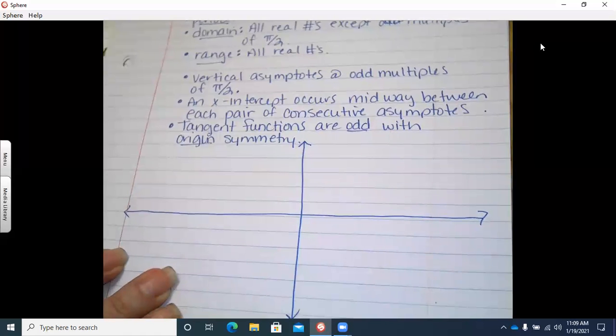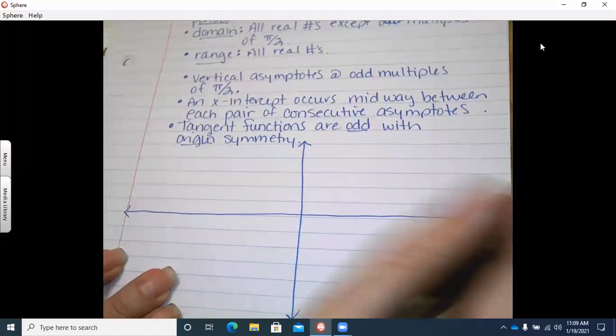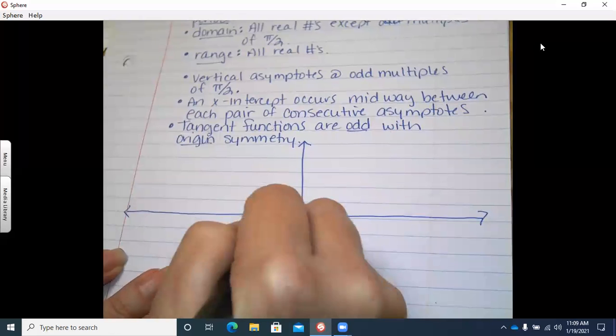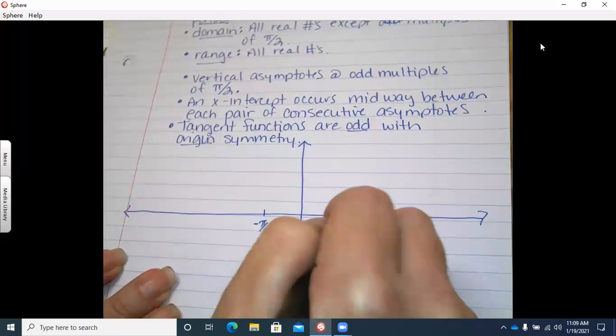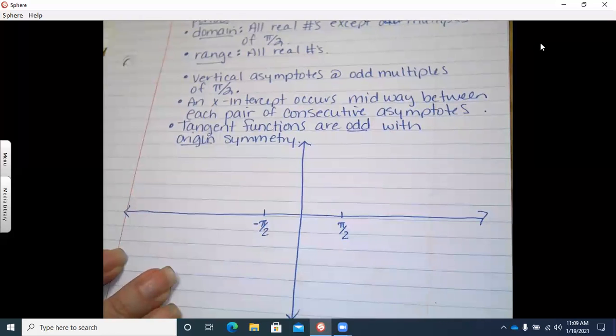We know the first interval of y equals tangent of x has negative pi halves on the left side and pi halves on the right side. So let me figure out what those intervals consist of.